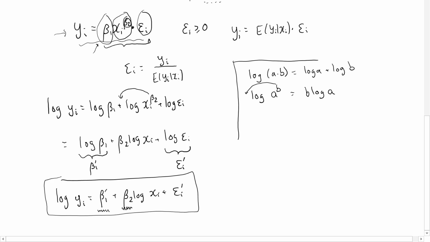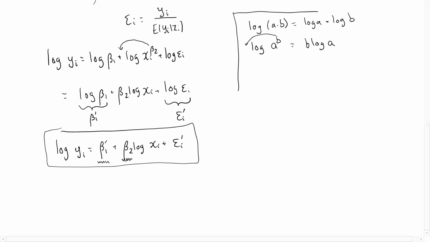Also, our assumptions must be made in terms of this transformed error term. So we have to assume that the explanatory variables are exogenous, and that is then with respect to these error terms. So the expected value of epsilon I prime conditionally on xi must be 0.